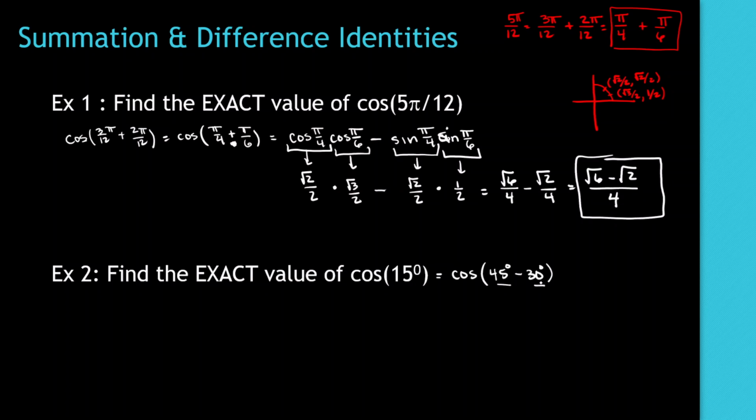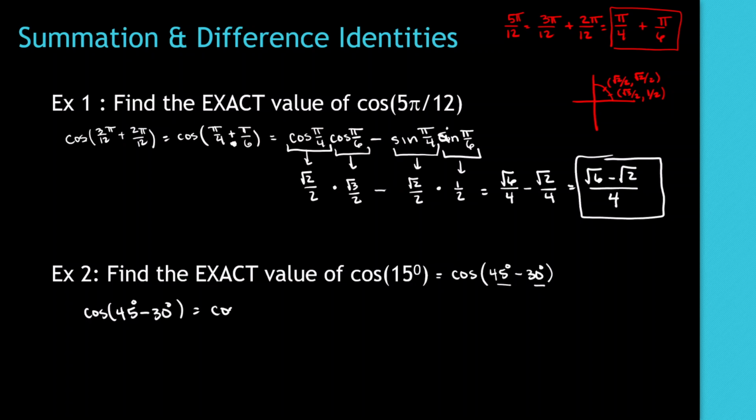They're only going to really be useful for values that I can relate to the things from my unit circle, or if I'm trying to solve some sort of equation, then I can use these identities there without precise numbers.